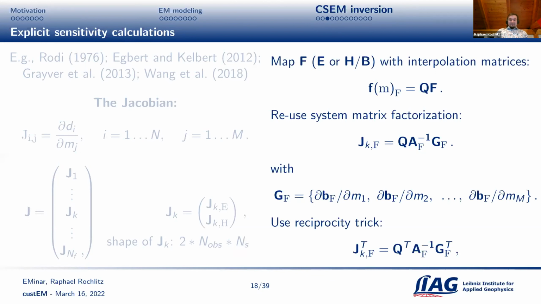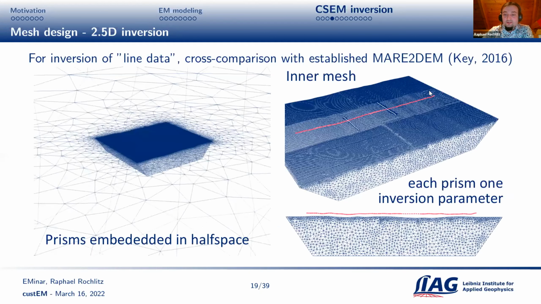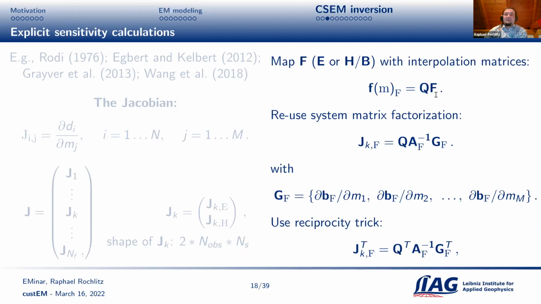And to calculate these entries explicitly, we can map our electric or magnetic field observations in terms of H or B with interpolation matrices. So to get our data from the complete model solution, we can formulate these explicit interpolation matrices, and with this Q, we can write our Jacobian as follows, with a vector G, which consists of derivatives of the total field solution with respect to the model parameters.